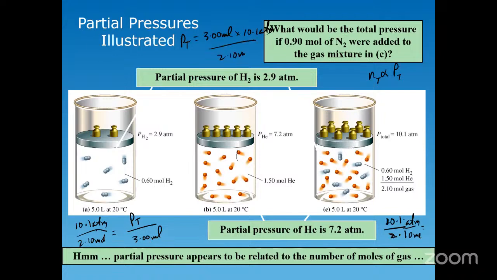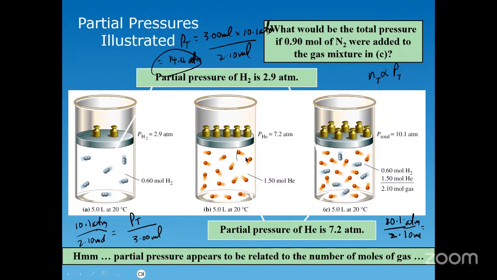So that is 3 times 10.1 divided by 2.1, and according to my calculations, that will be equal to 14.4 atmospheres.